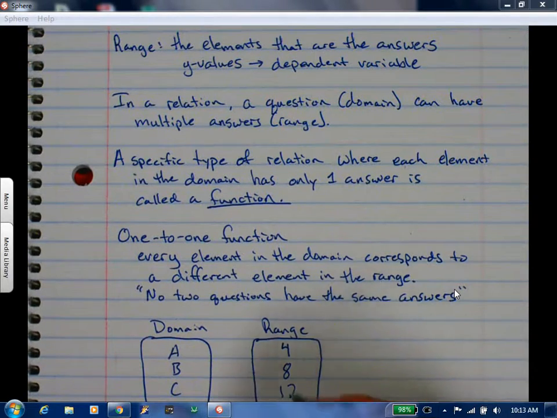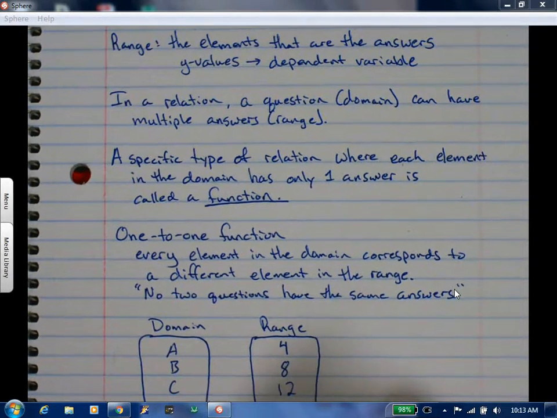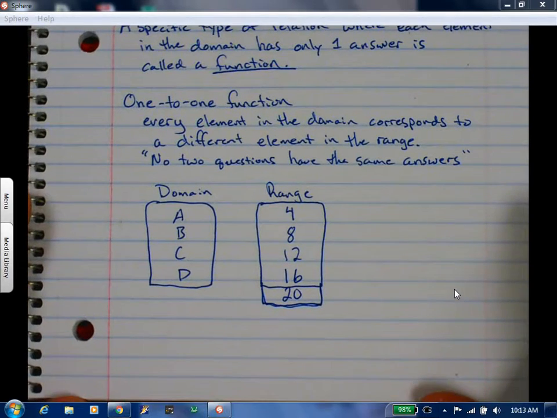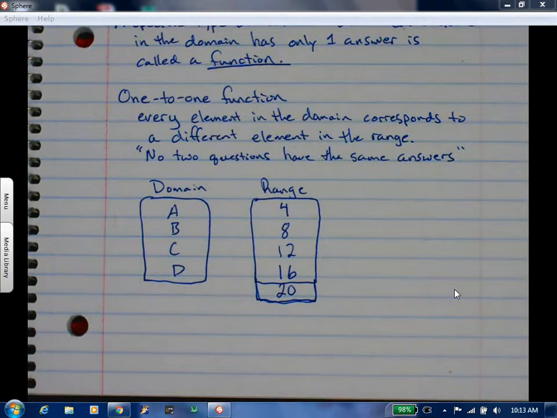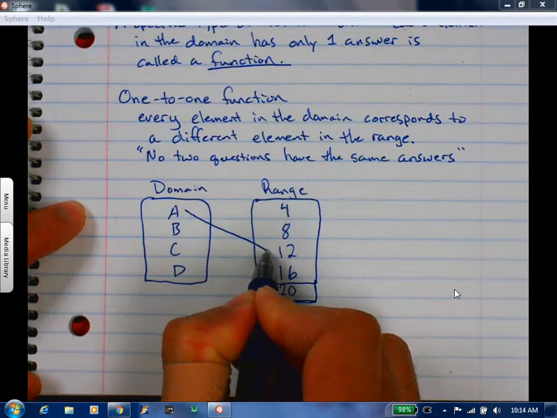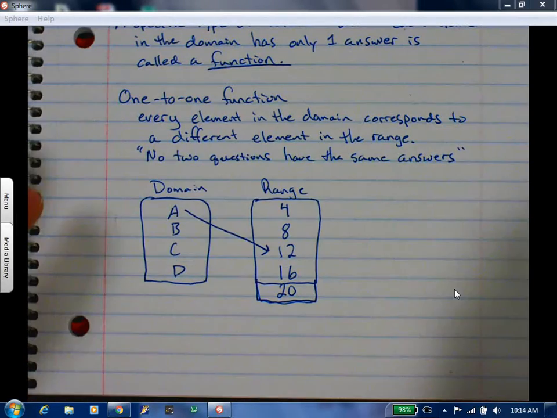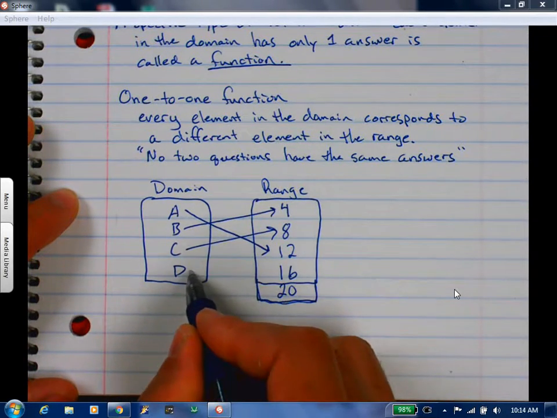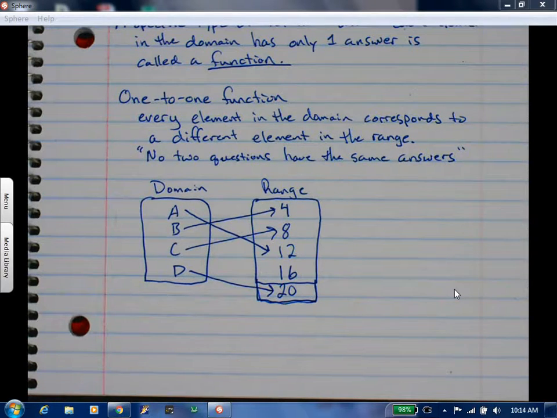We could make this for the whole alphabet if we wanted to. Right now I just have a relationship. It's going to show what the letter is, and then match it to what the number is for my code. A maps to 12, B is 4, C is 8, and D is 20. That way the NSA can't crack it.